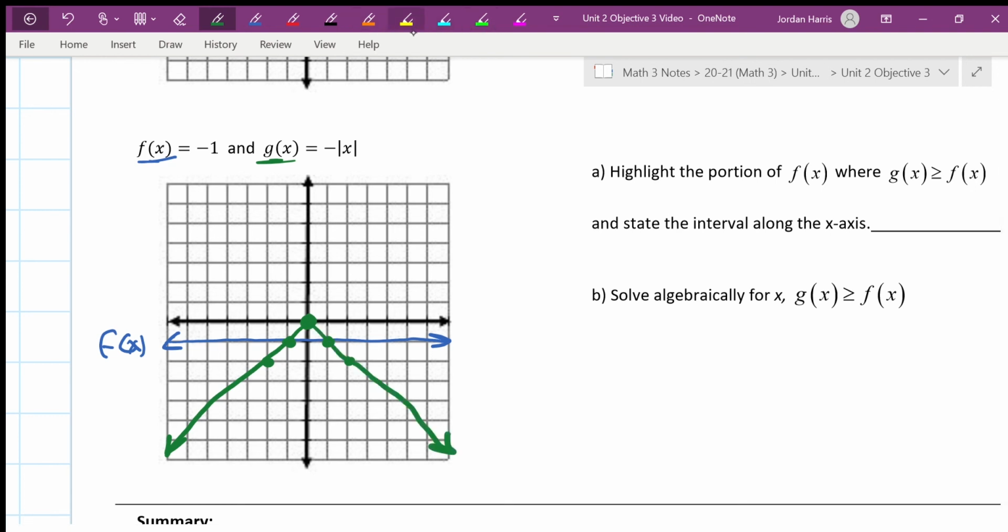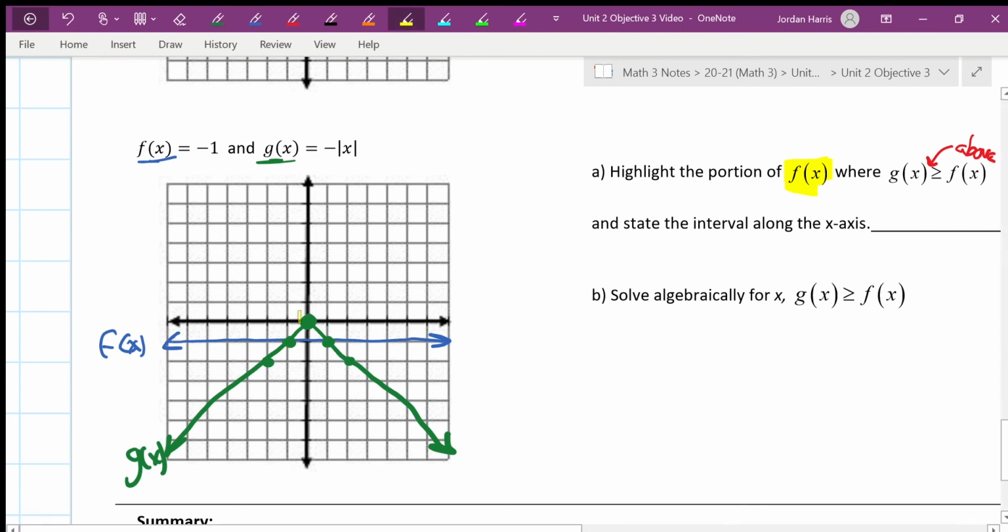Now, highlight the portion of f of x, so that's the line once again, where g of x is greater than f of x. So where is g of x above f of x? Okay, so g of x is my green shape. I need that to be above f of x.